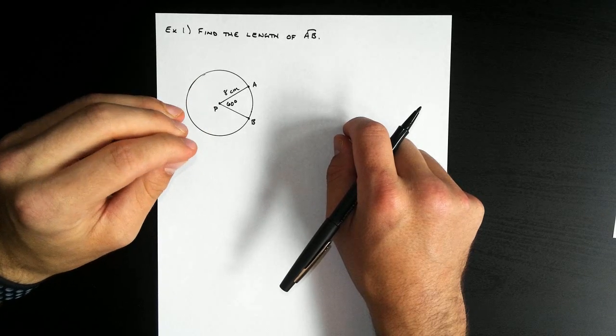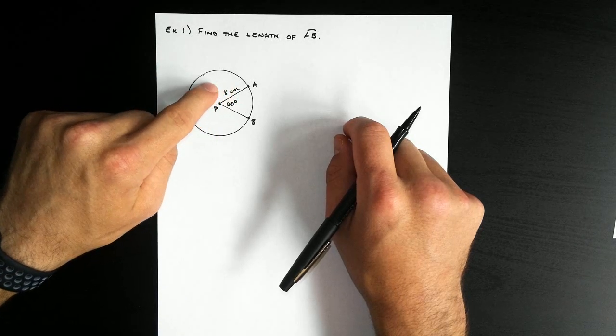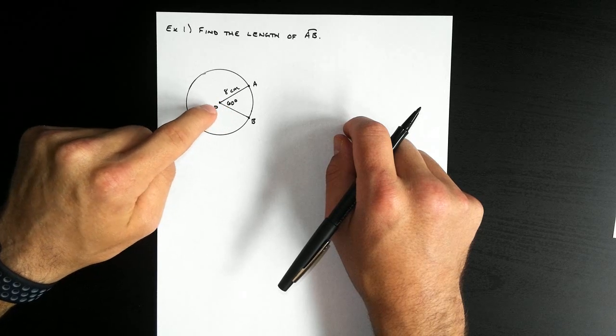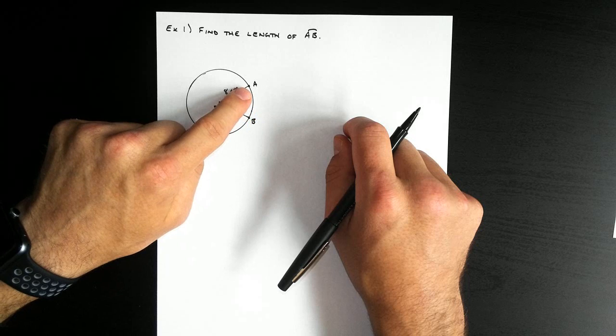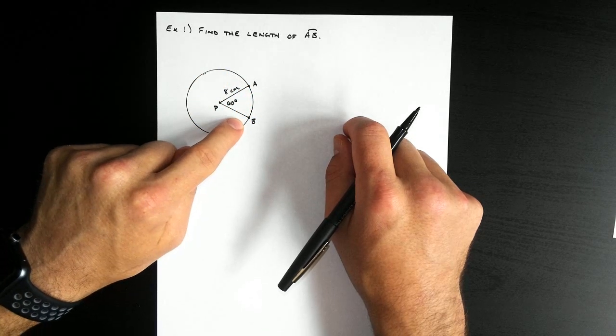And what's going to represent the part is this angle. So 360 degrees makes up the entire circle. 60 out of the 360, that's going to be proportional to the length of this arc compared to the entire circumference.